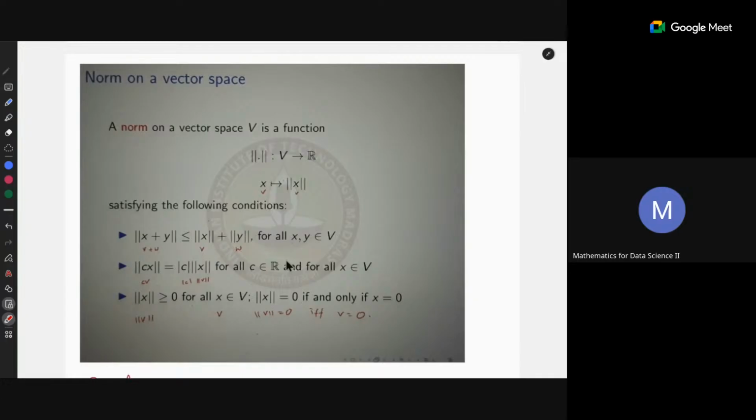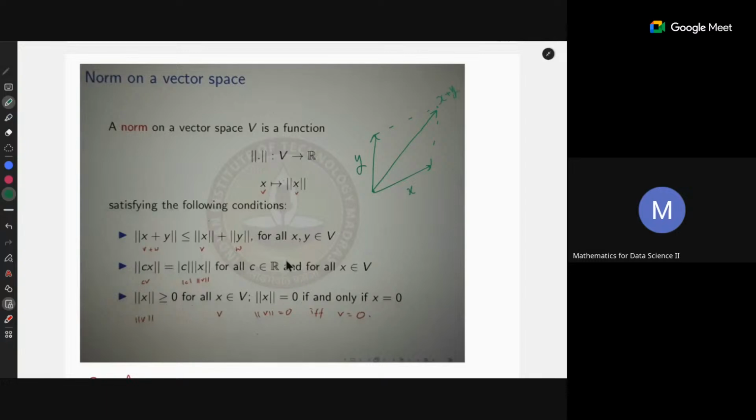So let's say you have this vector x, you have this vector y. Now what is x plus y? For x plus y, recall this parallelogram law. We draw this parallelogram, and then this diagonal is x plus y.